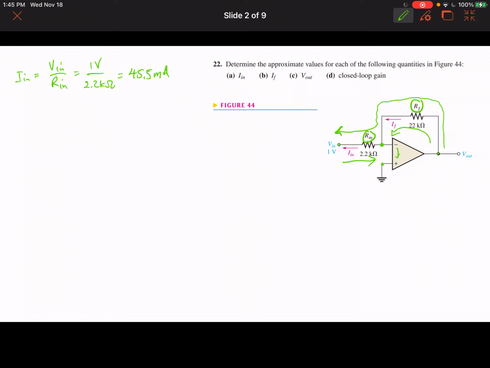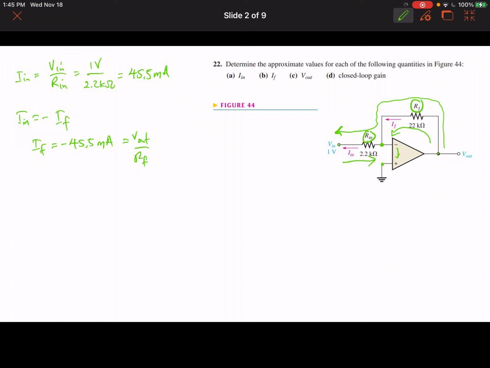So the input current is equal to the negative of the feedback current, which means that the feedback current is just negative 45.5 milliamperes. Of course, we can solve it like this, but we don't know what the output is, at least not yet. And that's actually what we need to solve next.